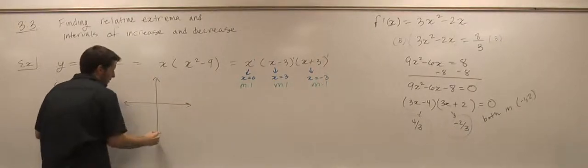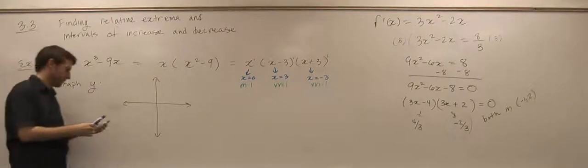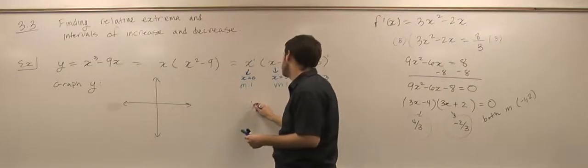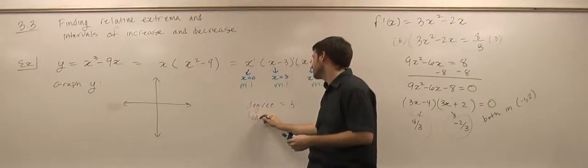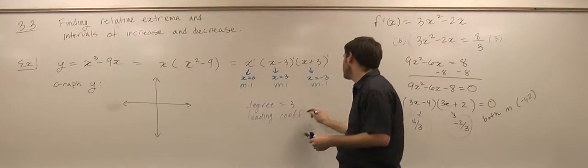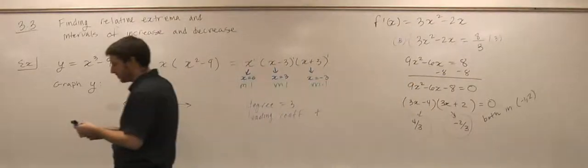The other thing I need to know is the degree. What's the degree of this? 3. Positive. Yeah, it's positive. Degree equals 3, and the leading coefficient is positive. So that tells me that it's a snake shape, right?